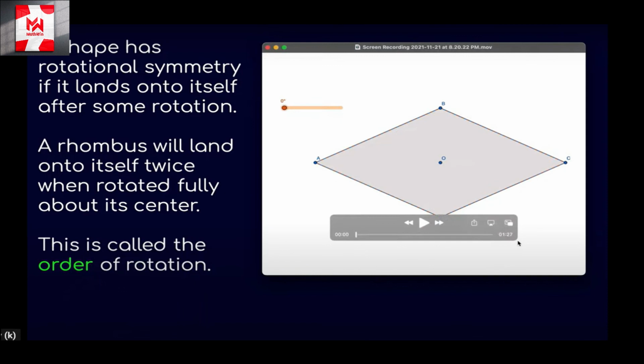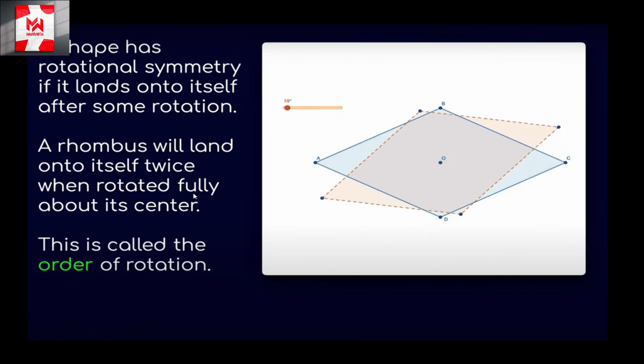Okay, now I have a rhombus. Now you can see what happened. It's rotating. Okay, and you can see now it starts to rotate. Now it's 90 degrees, it's like this. Okay, at 90 degrees it does not come to the same position. Now it's again rotating.